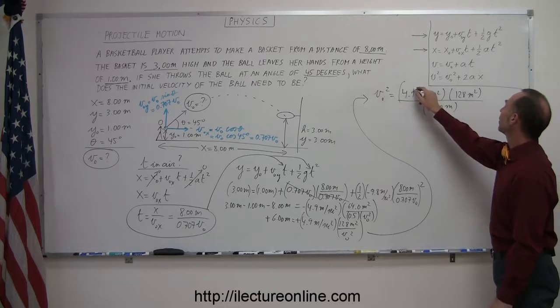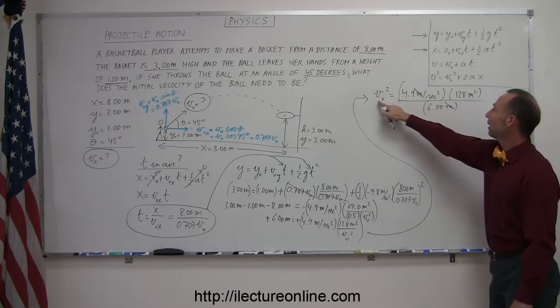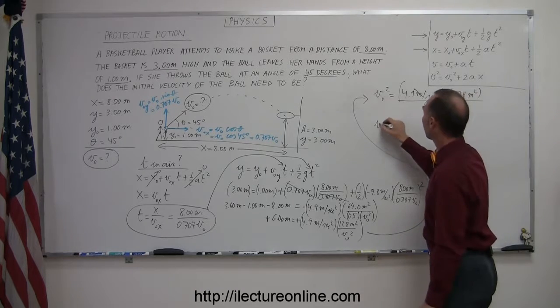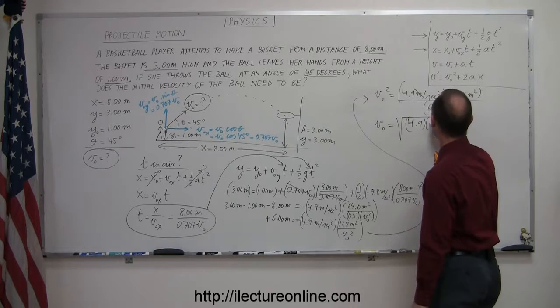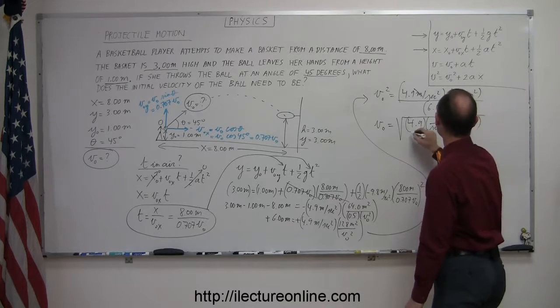So this meter cancels out this meter, and I have a meter squared and a second squared, and I have v initial squared on that side, so I can take the square root of both sides. So v initial is equal to the square root of 4.9 times 1 over second squared times 128 meters squared, all divided by 6.00.